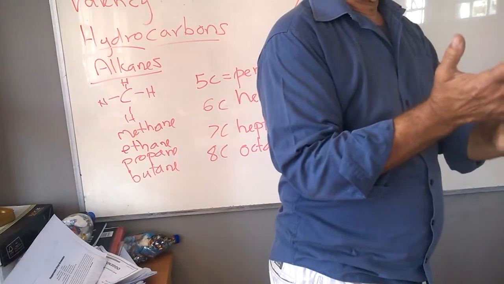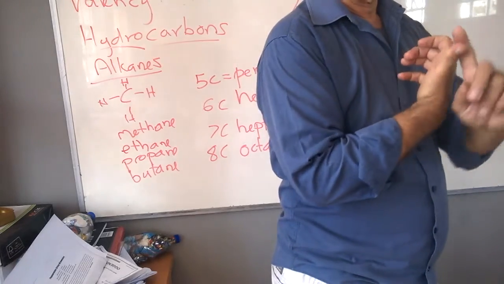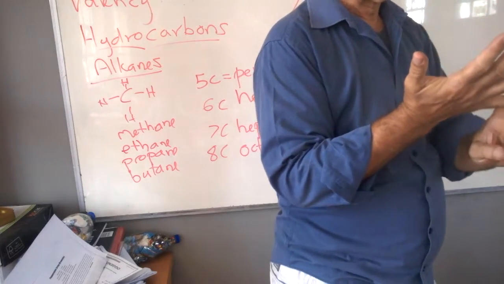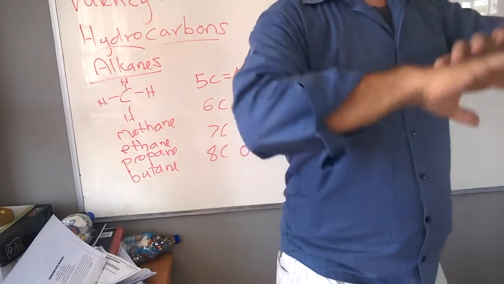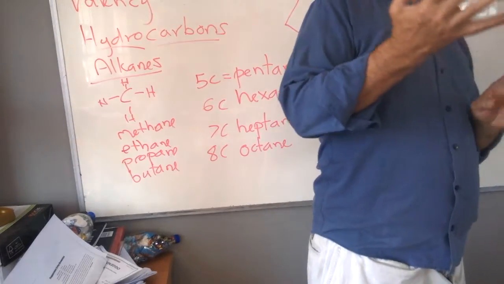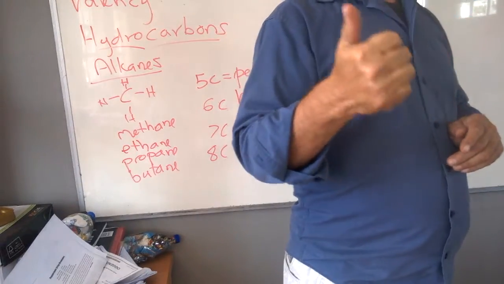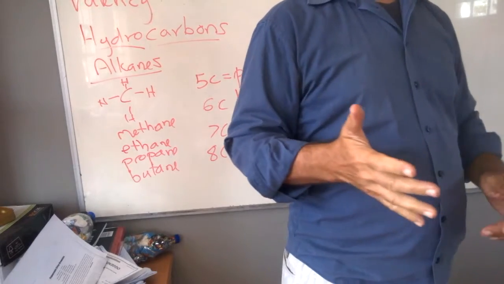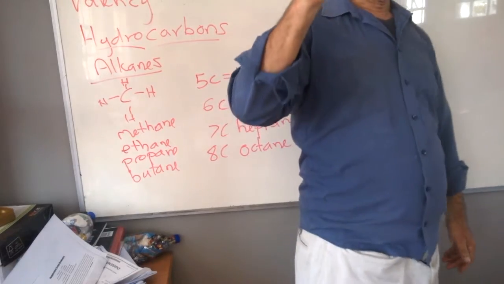Methane, ethane, propane, butane, pentane, hexane, heptane, octane. And those are the ones they're going to ask you. Let's do it a bit faster. However you count, I want you to do it with your fingers too, like you were counting on your fingers. Okay, so are we ready? We'll go just a little bit faster.